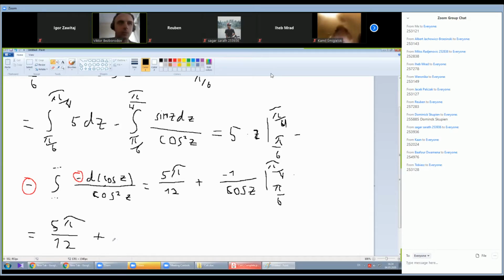It comes with minus, so it's going to be square root of 2 over 2, and then 1 over that is going to be 2 over square root of 2.